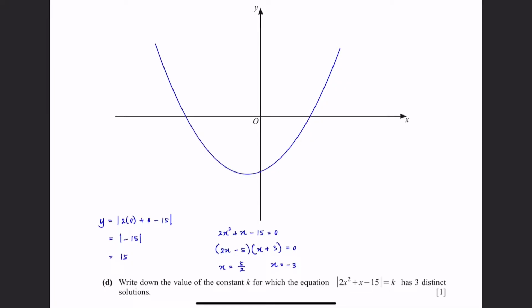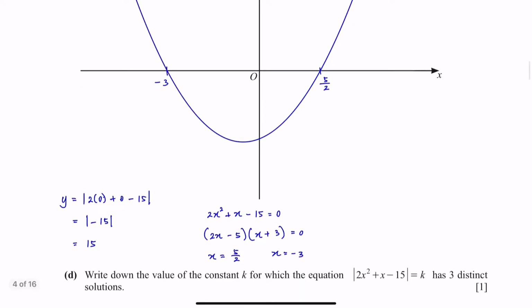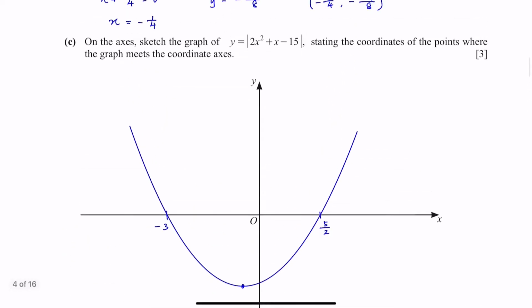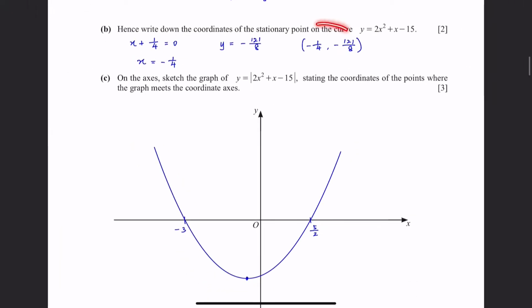Something like this. So this is 5 over 2 and this is negative 3, and this would be the stationary point of the normal quadratic graph.